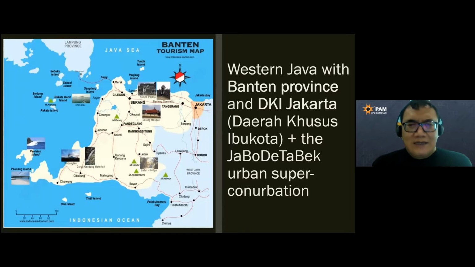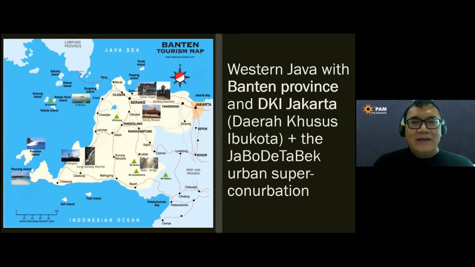And Jakarta itself in Indonesian is known as DKI, Daerah Khusus Ibu Kota. And the urban superconurbation of Jakarta, you can see Jabodetabek, which means Jakarta, Bogor, Depok, Tangerang, Bekasi. And Tangerang, you can see that where my cursor is. Actually, Tangerang, although it's an extension of Jakarta, it is within Banten Province.